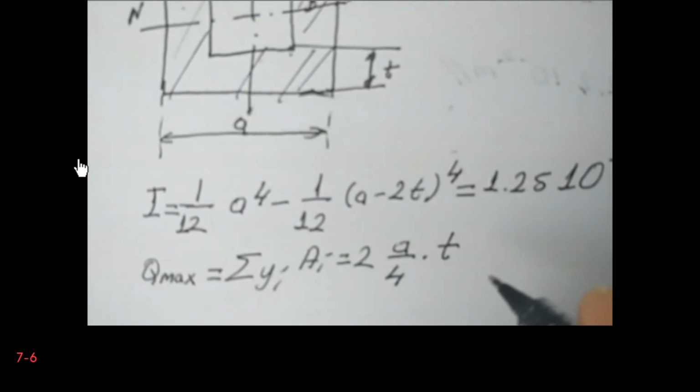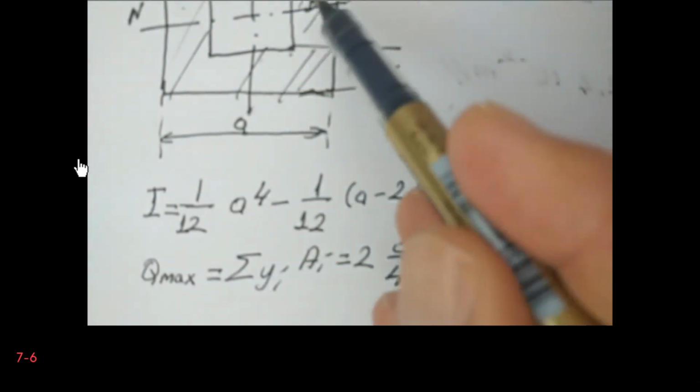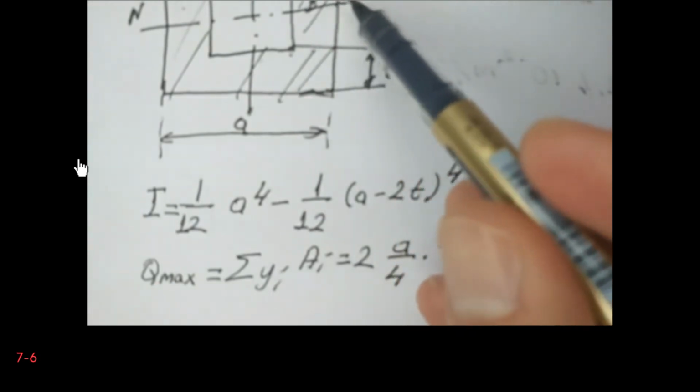So this is t, this is a divided by 4, and this distance is a divided by 8 or t divided by 2.